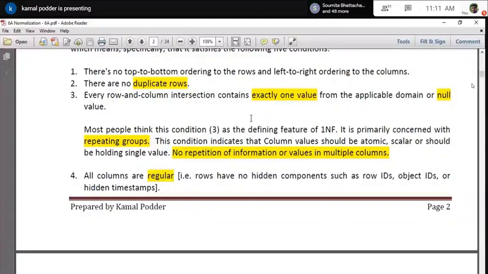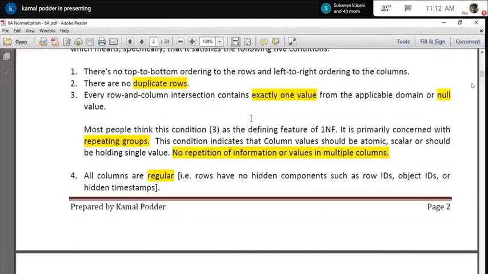This is one solution, because we often do that in Excel. Another solution is to keep two separate columns, phone number one and phone number two.